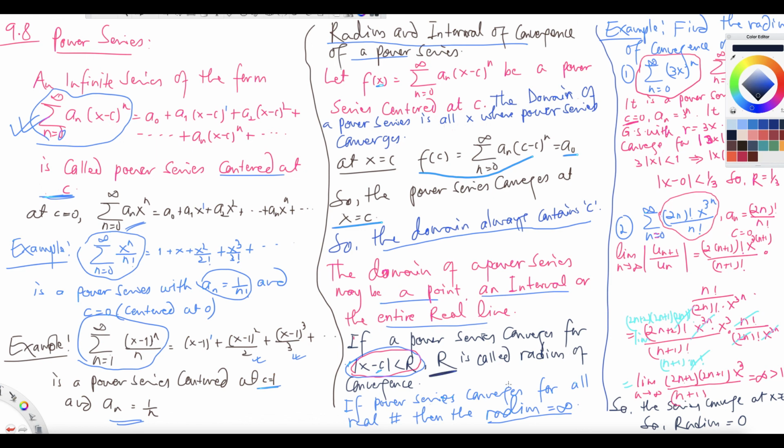If the power series converges for all real numbers, then infinity is the radius of convergence. If the power series diverges, then it at least converges at x equals 0 only, so at the center only. If the power series converges only at a point, then the radius of convergence is 0. Okay, guys. So we will see some more examples.